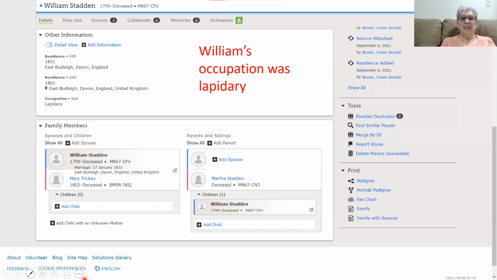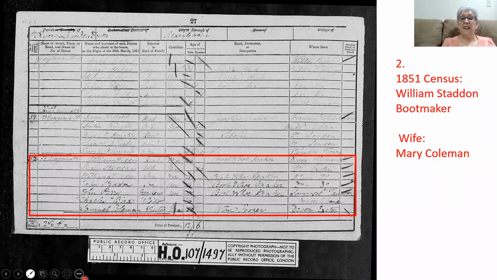And there it is on Family Search. I'm just going to show you the documentation and then how it appears now on Family Search. So these are some of the children that were born to them, that belong to them, and that were anyway attached to other people. William Stadton. Well, this is one that was the second census, 1851 census, that was attached to R. William Stadton.